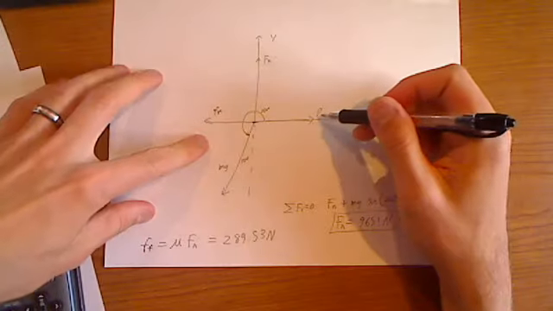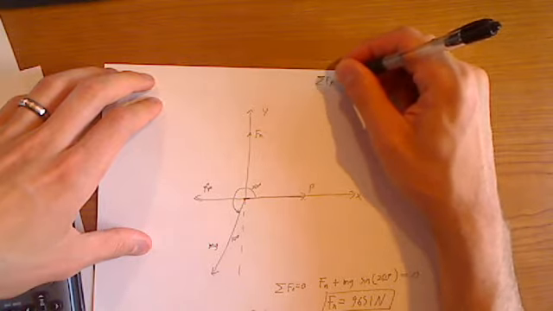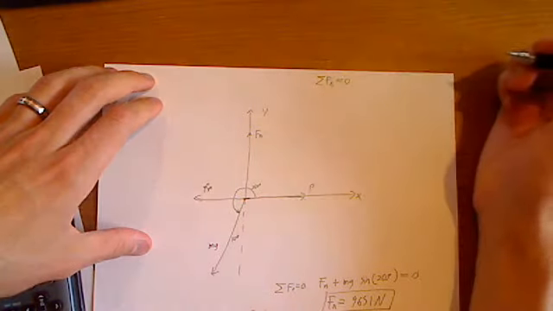If we look at everything that has an x component, we'll work up here. We have sum of forces in the x is equal to 0.